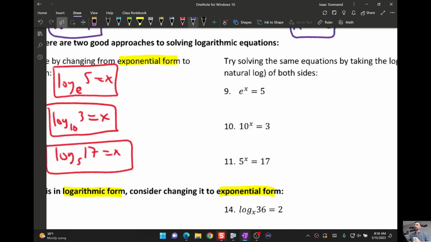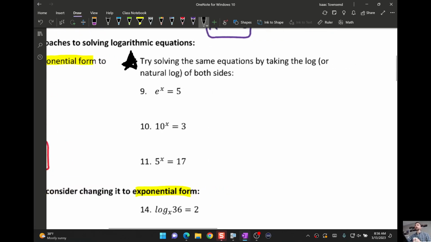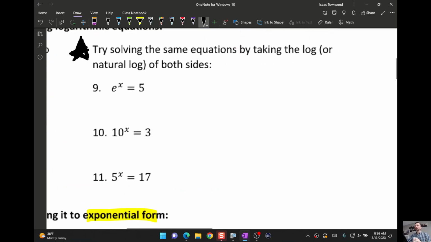Now this over here, these three questions are the same questions, so I want you to see that we get the same answer. But this is one of the more advanced skills, and you don't need this most of the time, and I don't think this is easier than what we just did on these three, but some questions this is going to be necessary, so I need you to know that this is a potential strategy.